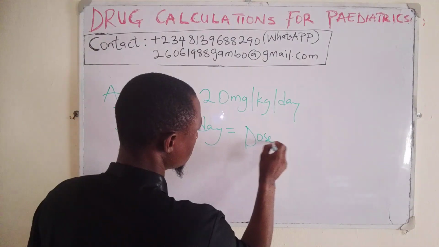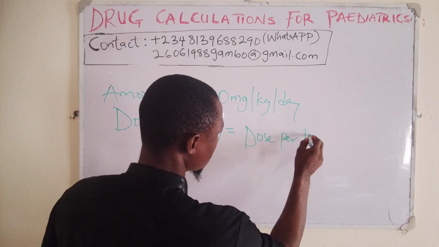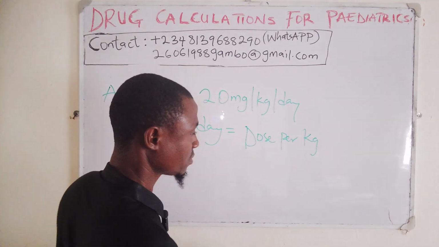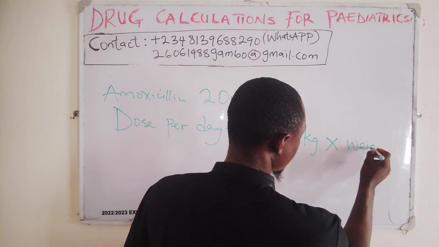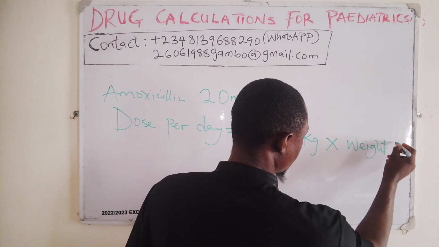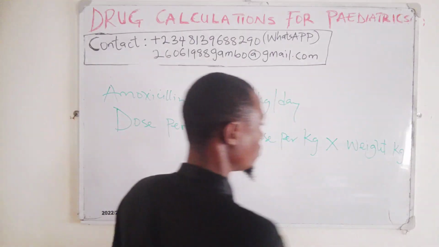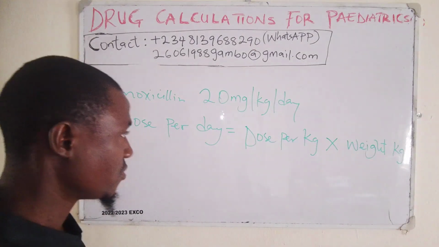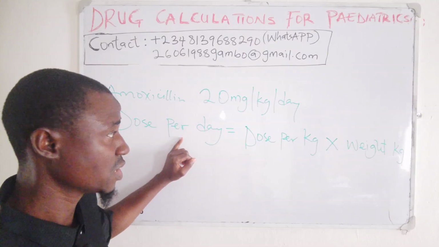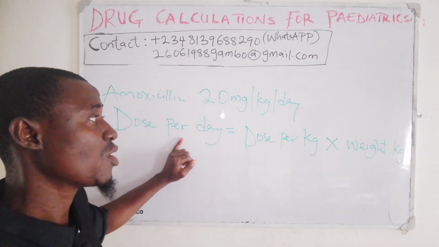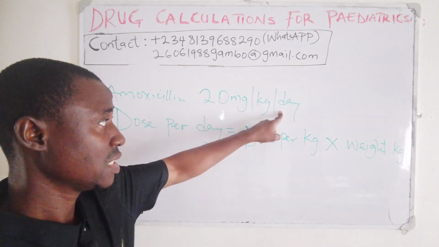Dose per day is given to be dose per kilogram, or kg, multiplied by weight. Of course, this weight is the weight of the patient also in kilograms. So this is the formula you can use to calculate the dose of a drug that has been ordered in this format.